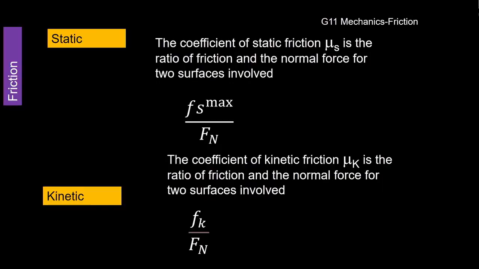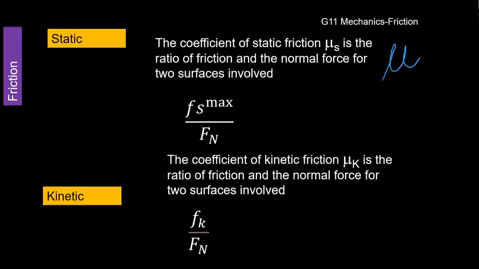So what we can do is we can change things around and we can pop in a coefficient. It is a constant, and you've come across constants before. The constant for kinetic friction and the constant for static friction is this symbol here. It's a mu.